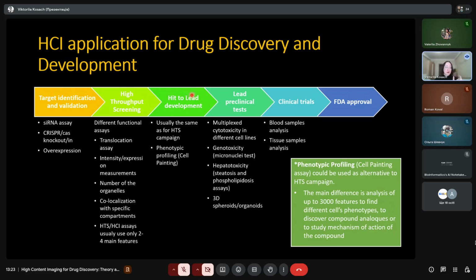After that, when you choose already your lead compounds that you will work with, you are going to lead preclinical tests.